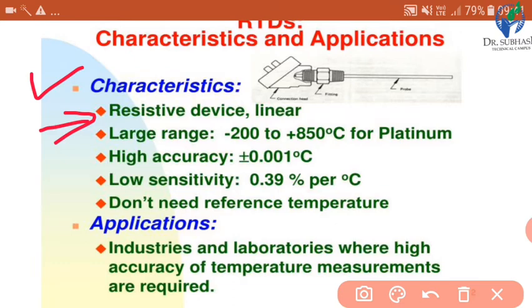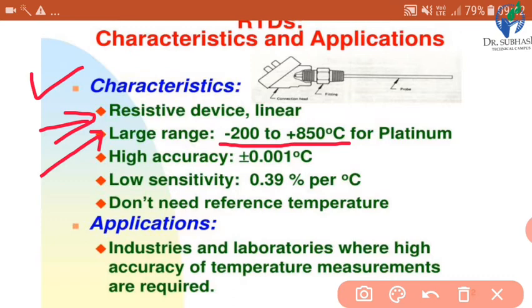Then the temperature range is very large: minus 200 to plus 850 degrees centigrade for platinum wire. We will see next what the platinum wire is and how it is used in an RTD. So the range is large in this case.